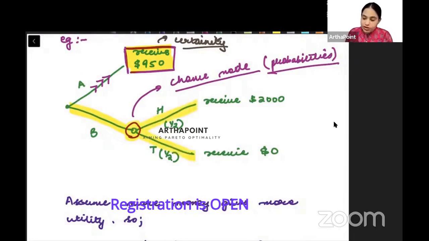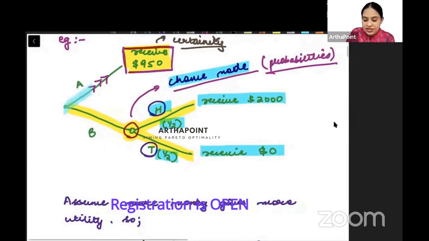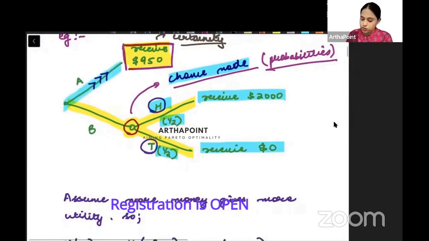And when you play a lottery, it can either give you head or tail. The probability of head is half and the probability of tail is also half. If it is head, you will receive $2,000 and if it is tail, you will receive $0. Okay. So here there is a chance node involved. Chance node माने probability है and this is coming with certainty $950.